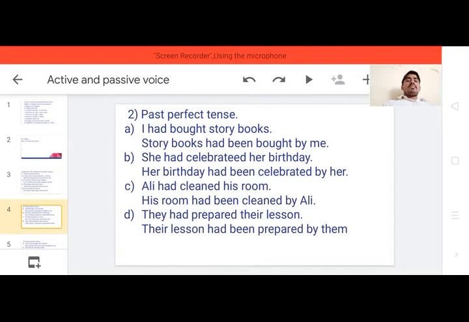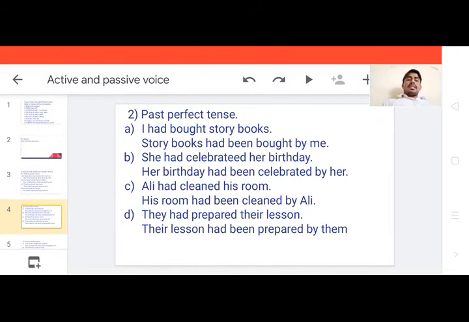The next tense is past perfect tense. Example: I had bought storybooks. So what is the object here? Storybooks had been bought by me. Second sentence: she had celebrated her birthday. What is the first rule? Object into subject. So what is the object here? Her birthday had, addition of been, third form of the verb, always the third form of the verb, celebrated.